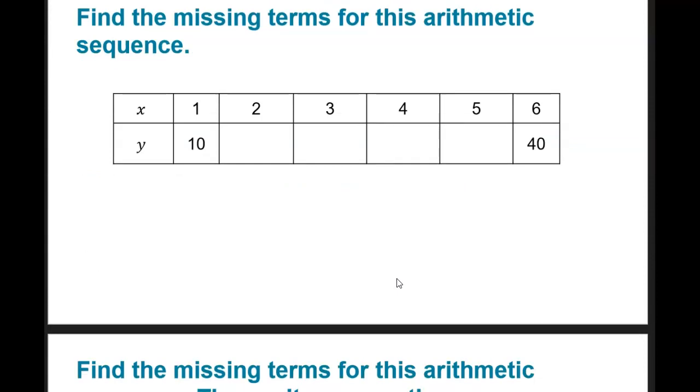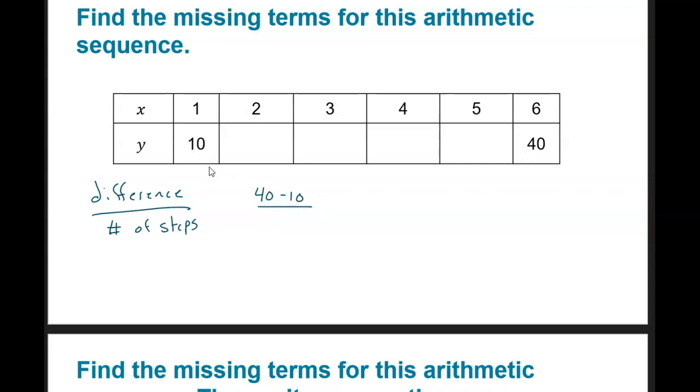Here's another one. Find the missing terms for this arithmetic sequence. Go ahead and pause the video, see if you can figure this one out, and then check your answer with me afterward. So we said we needed to find the difference. Remember, this is difference over number of steps. So our difference is going to be 40 minus 10.